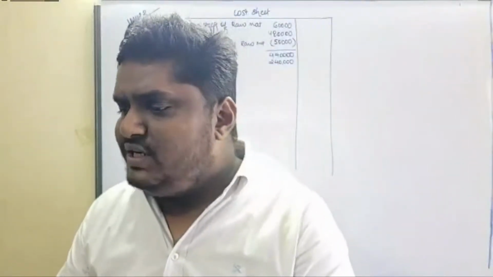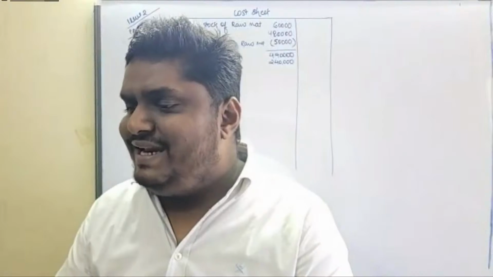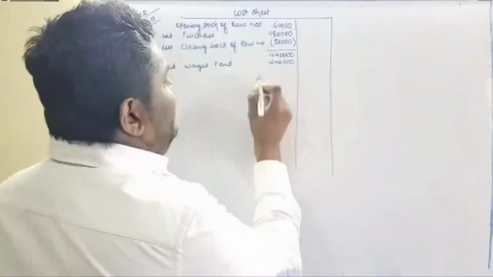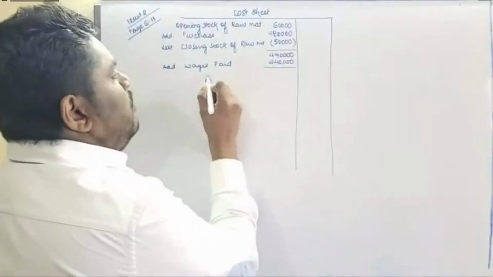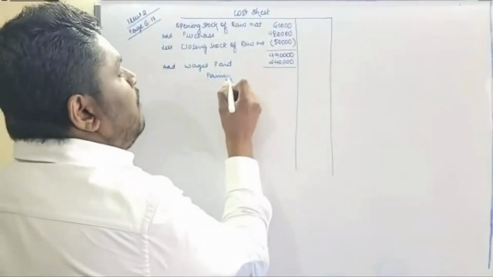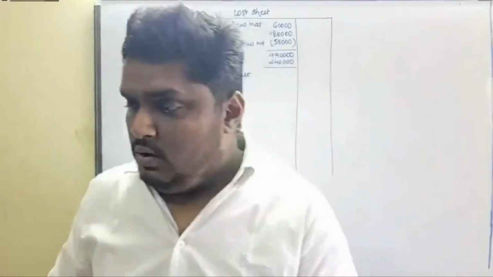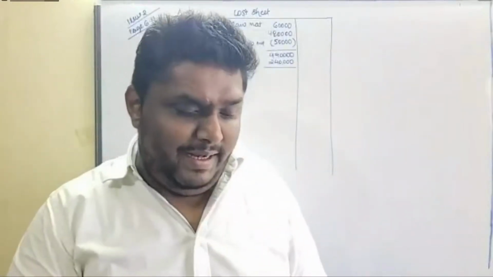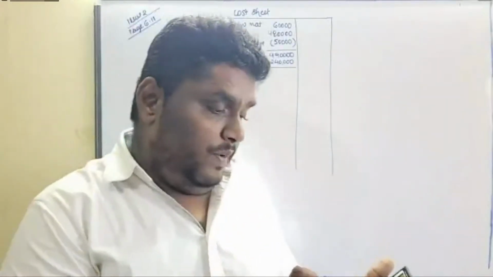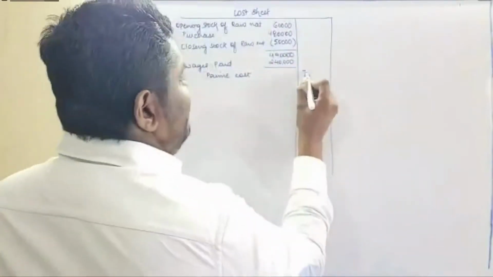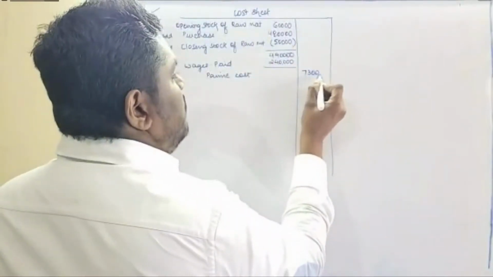Now, no information is given in the question as regards direct expenses. So the total of material and wages will be what? Prime cost. So this will be 4,90,000 plus 2,40,000. So this will be 7,30,000.